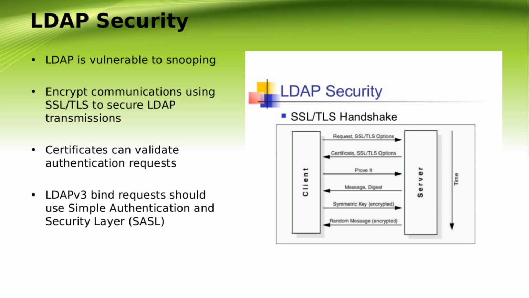LDAP is vulnerable to snooping, so encrypt communications using SSL/TLS to secure LDAP transmissions. Certificates can validate authentication requests. LDAP v3 bind requests should use simple authentication or SASL, Simple Authentication and Security Layer. On the right side you can see one of the best examples, the SSL/TLS handshake.